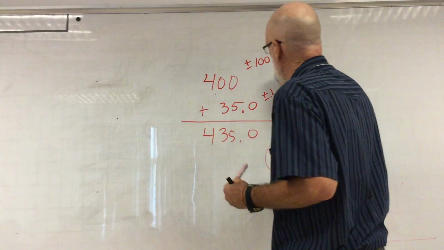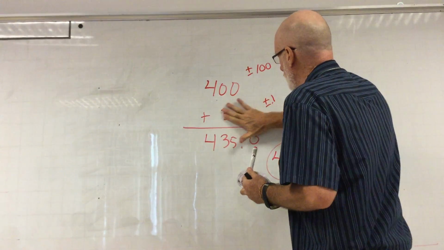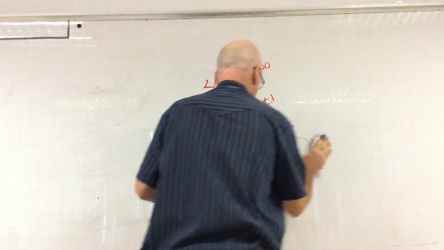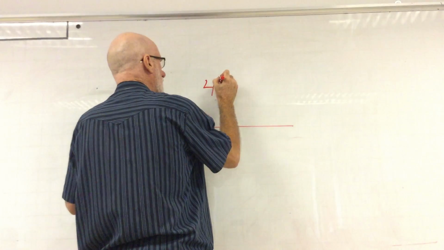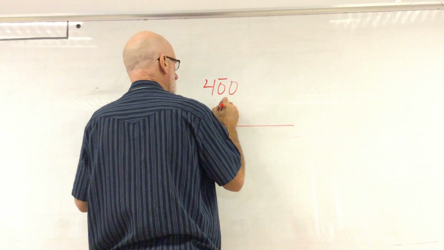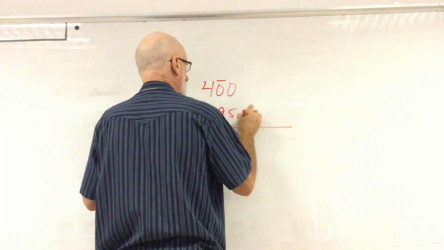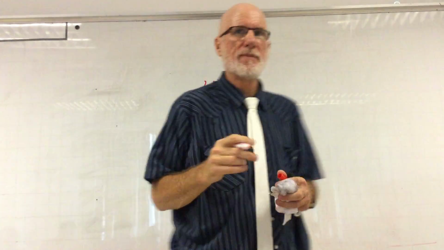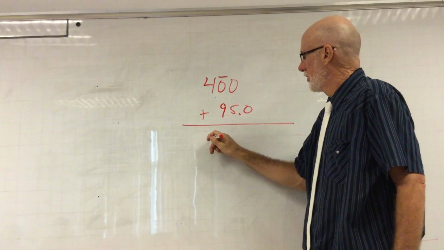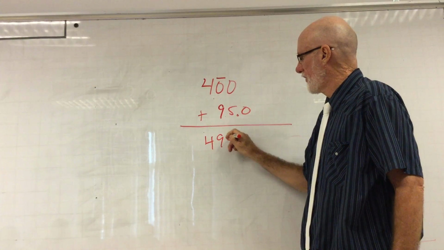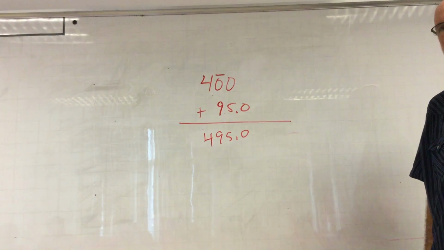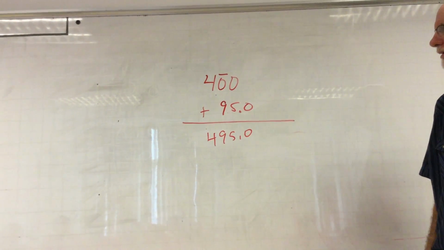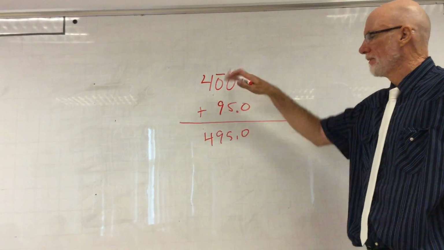Okay, watch this. So let's do this. Let's say this plus 95.0. So you do the math. 495.0. 500. Okay, but what? So you want to round this to what? 500.